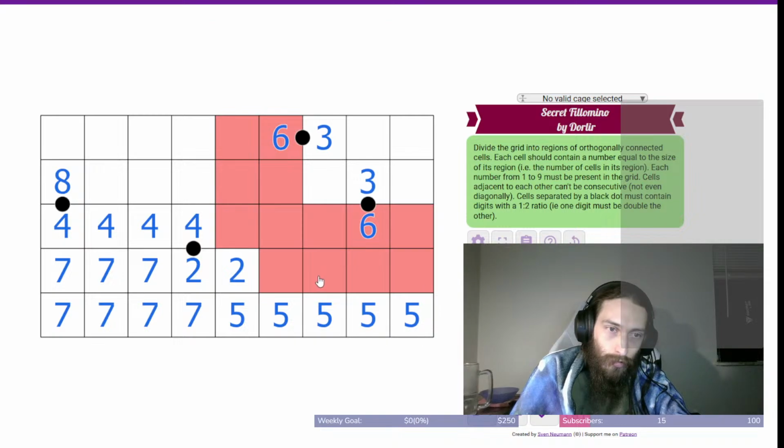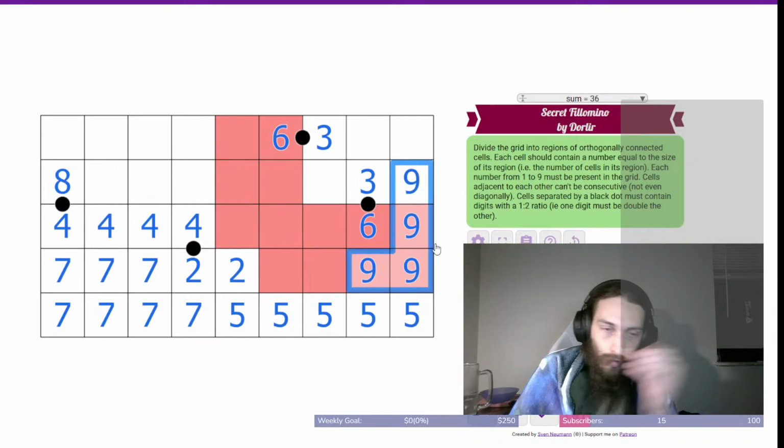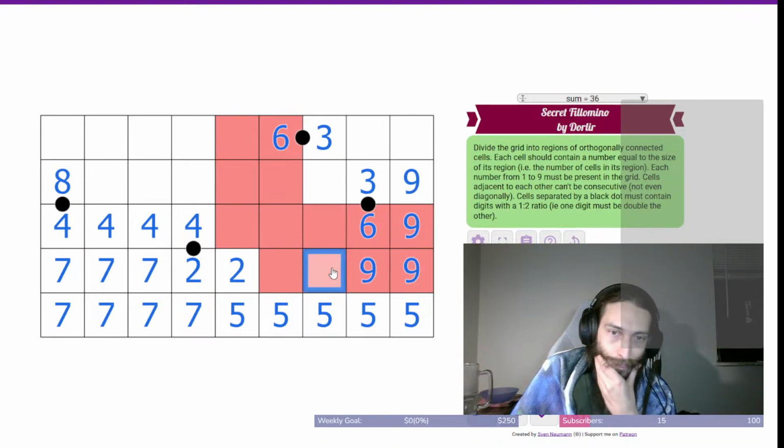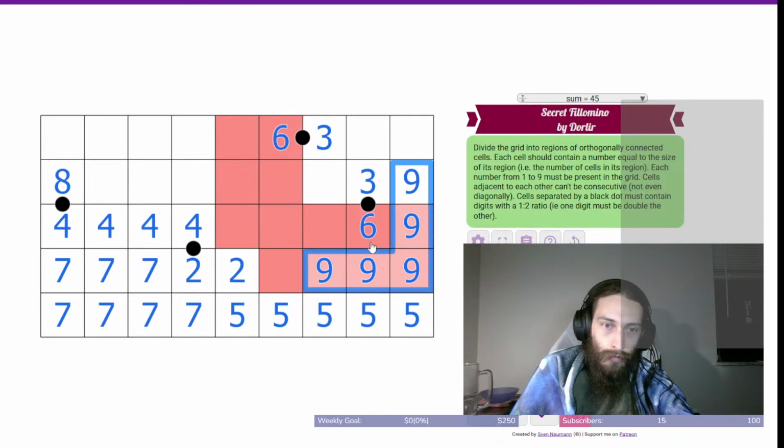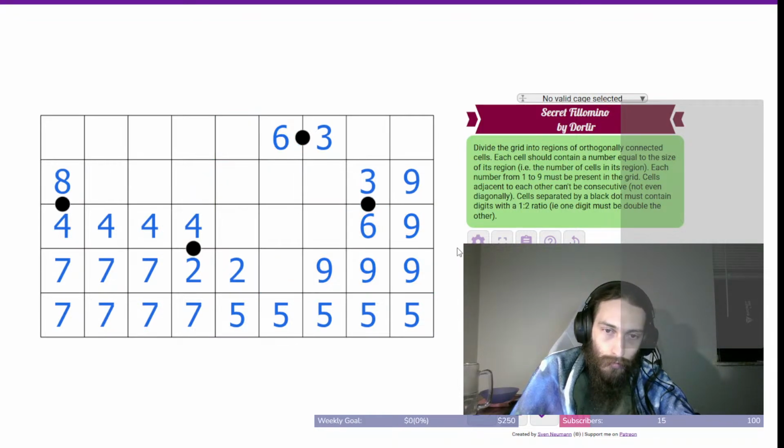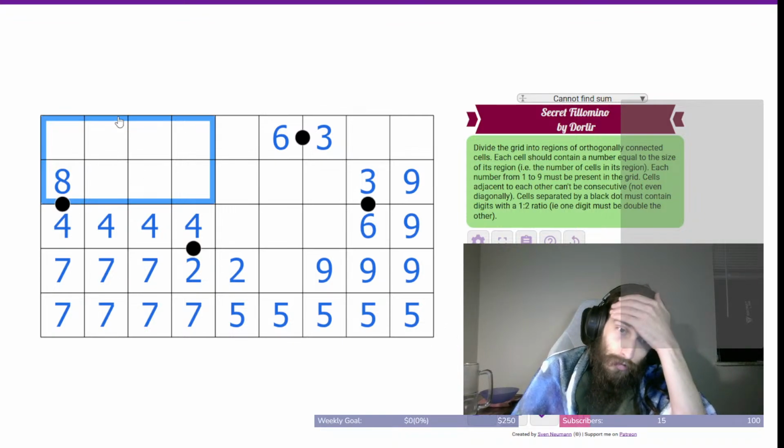And then you said 9's going to wrap around like this? Yeah. That one's... I think this 8 is almost guaranteed to fill in that region.